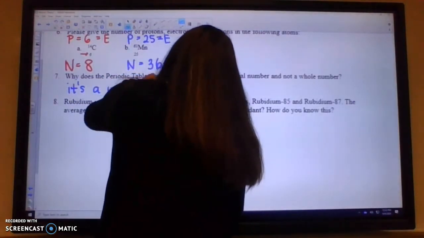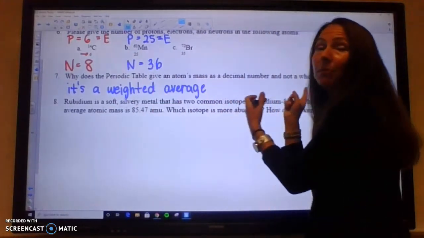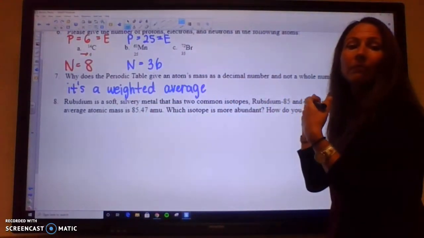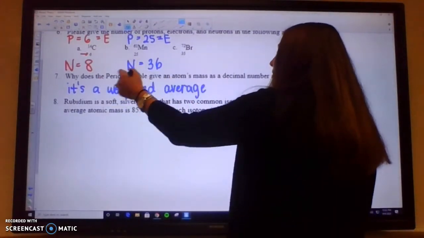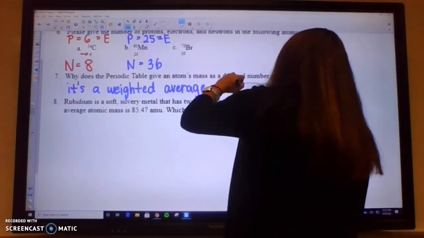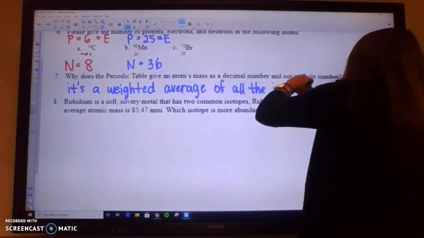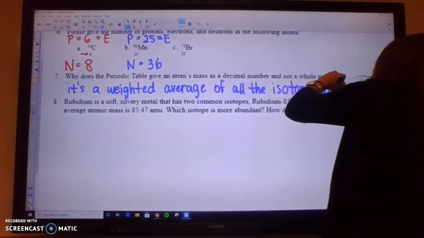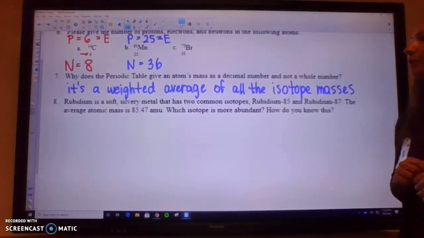So it is a weighted average. This came verbatim from your simulation on the atomic mass. So it's a weighted average of all the isotope masses. If you can get pretty much most of that on there, you're golden.